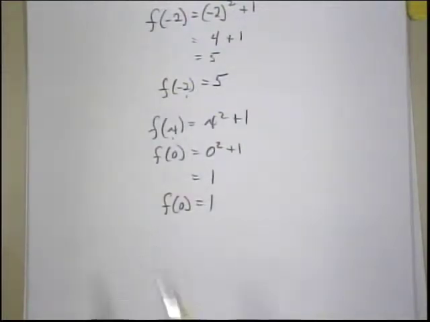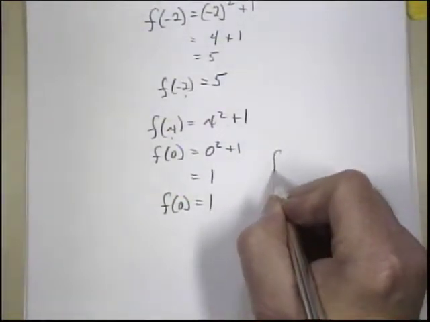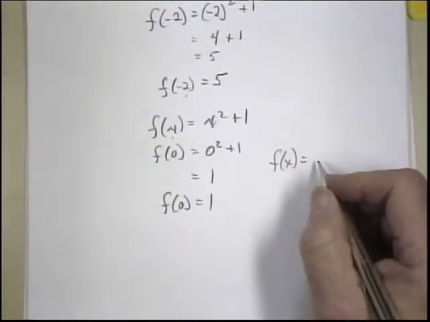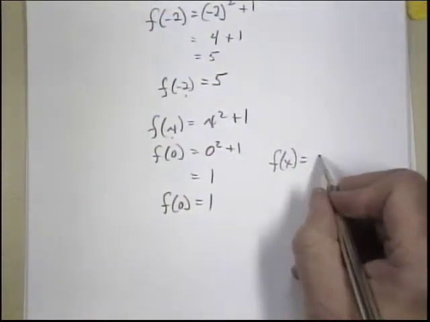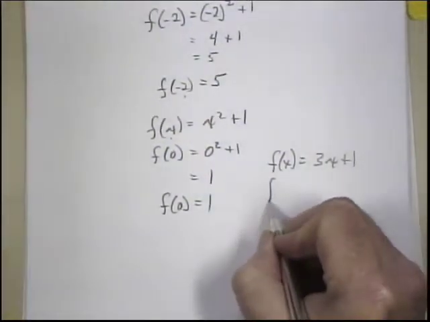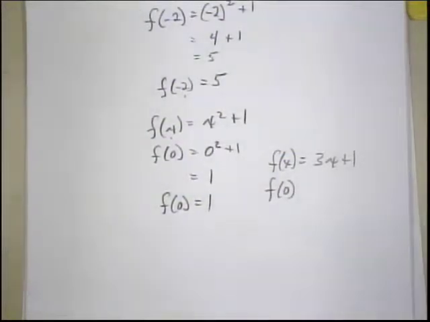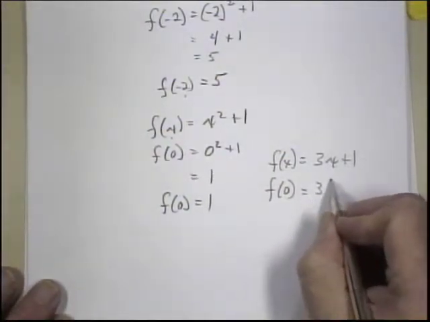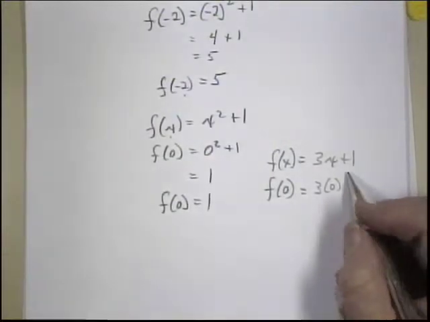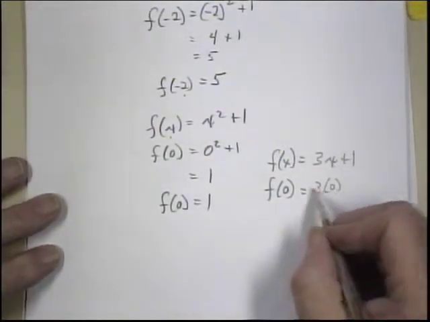Obviously, if we had a different function, if we had f of x equals 3x plus 1, and we evaluated this function for f of 0, we'd get 3 times 0. Oh, that's not going to work. Let's do it this way.